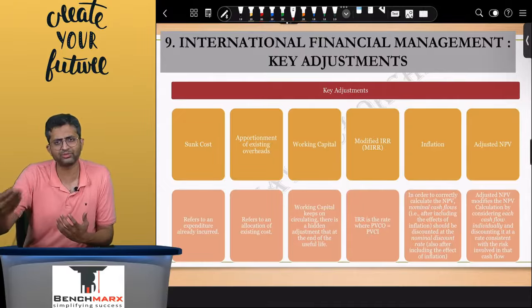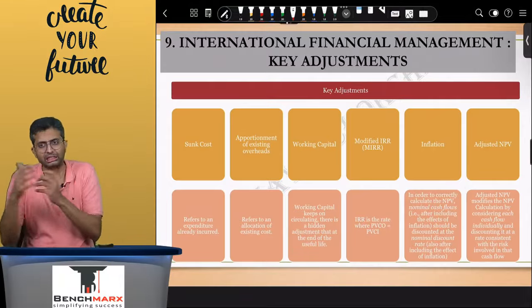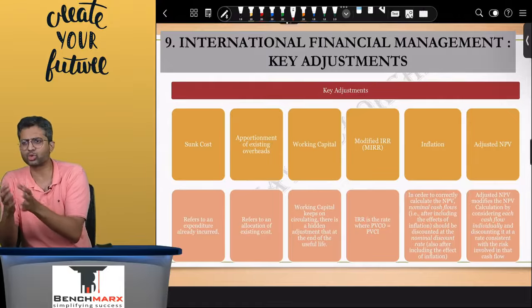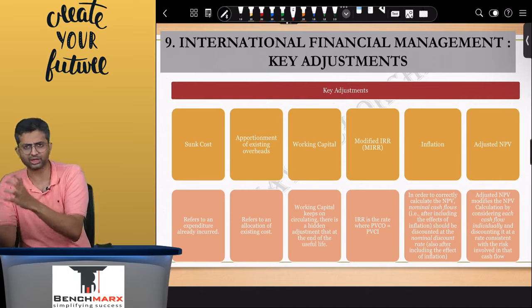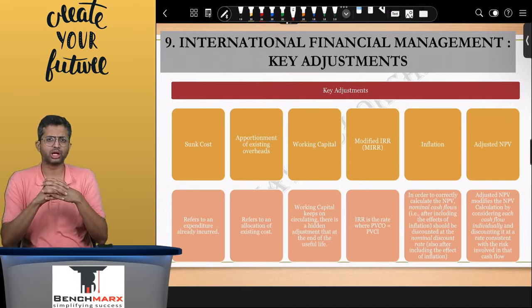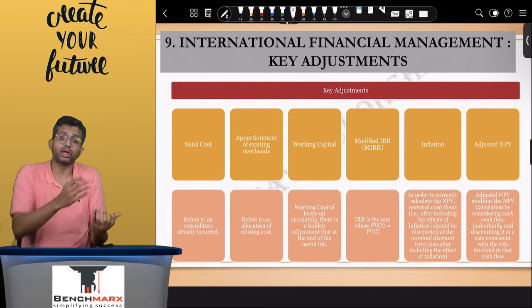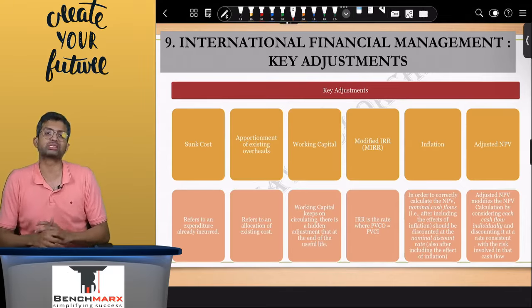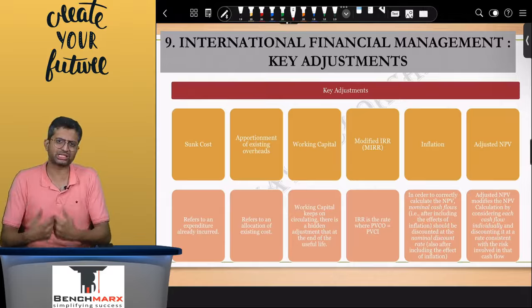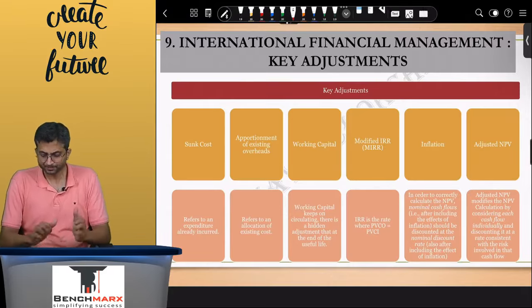Now that is subjected to a different rate of risk. And hence interest or principal cash flows can be discounted at the rate of return only relevant against the financing aspect, whereas these operating cash flows can be discounted at a different rate. So this will give you adjusted net present value. The respective cash flows getting discounted at the respective rate.